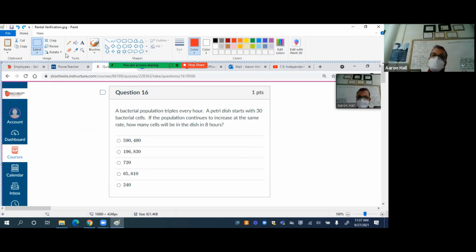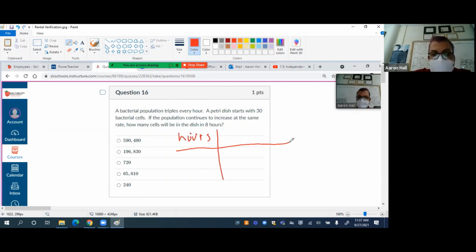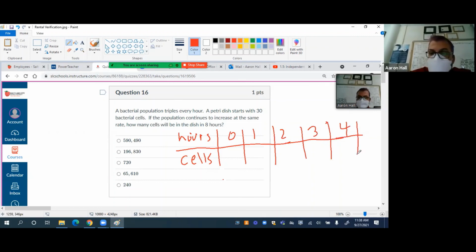So let's come up with a table first. These are going to be in hours, and these will be cells. We have 0, 1, 2, 3, 4, and so forth.